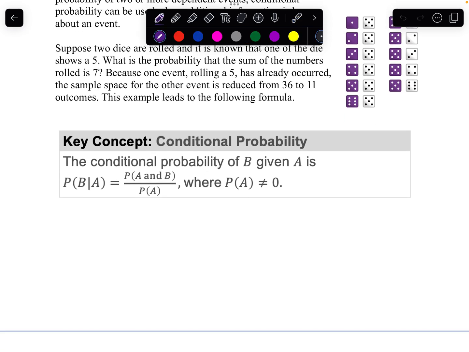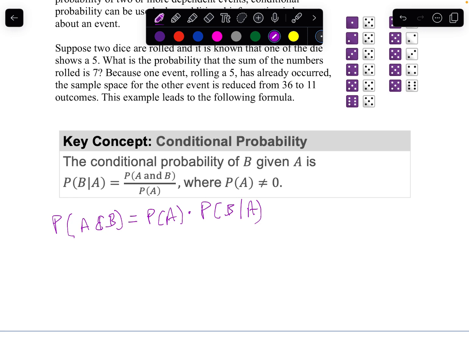Remember, we already did this. It's just written differently. To find the probability of A and B, I take the probability of A times the probability of B given A. We did that on a multiplication lesson.